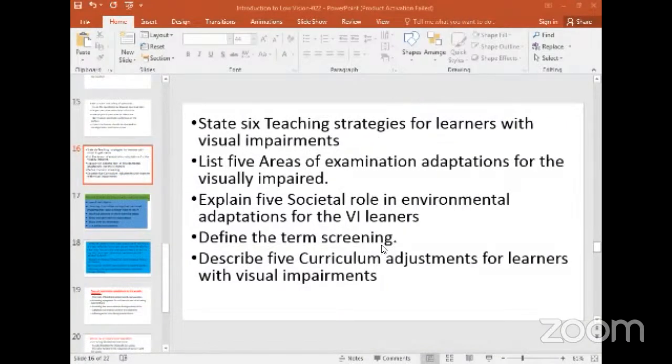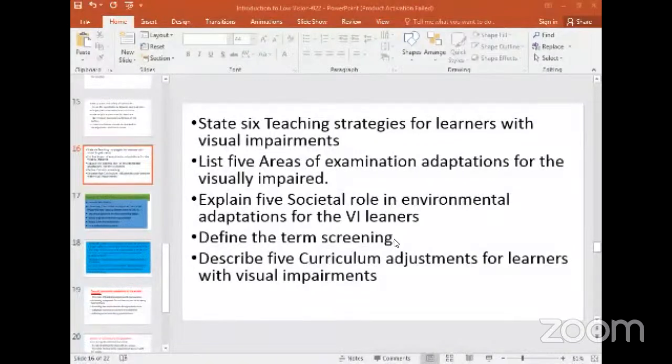So define the term screening. Can it also reduce accidents? Tell us about it, please. I joined late, but I hope we are on the question: explain 5 societal roles in environmental adaptations for the VI learners. Yes, 5 societal roles.